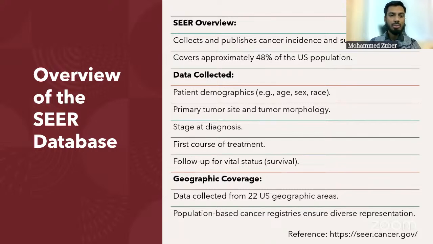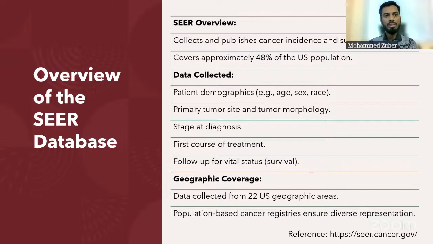There is also follow-up for vital status. You can do survival analysis, and you can see survival of patients with stage 4 breast cancer with different metastases or different histology, so you can compare the overall survival across all of these.